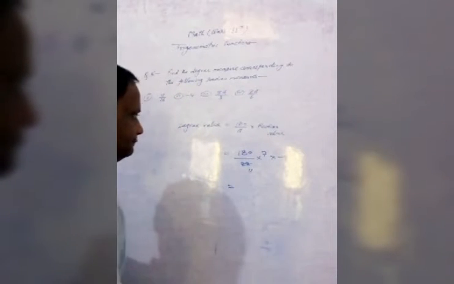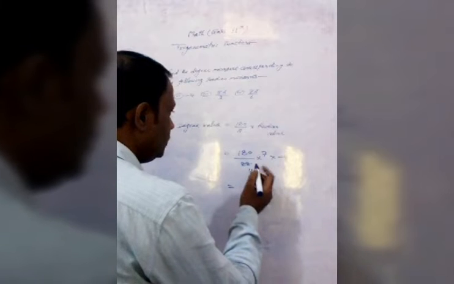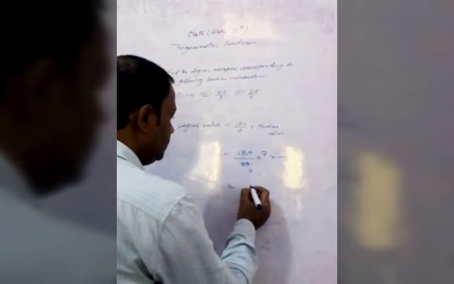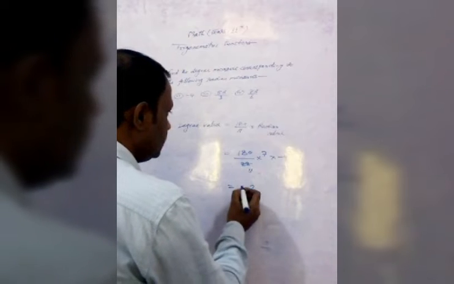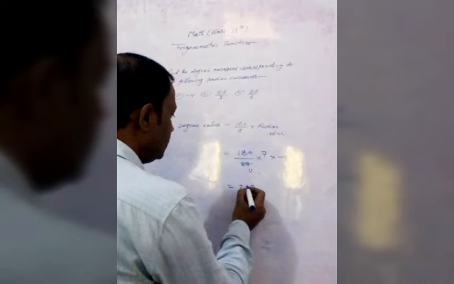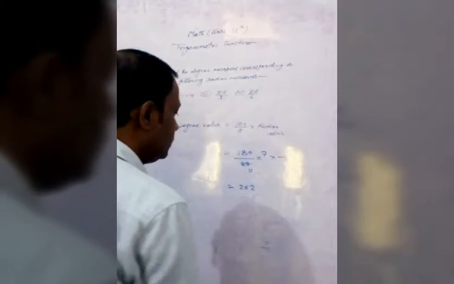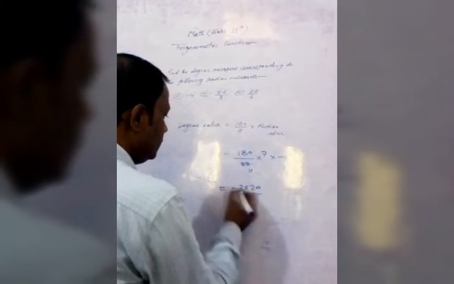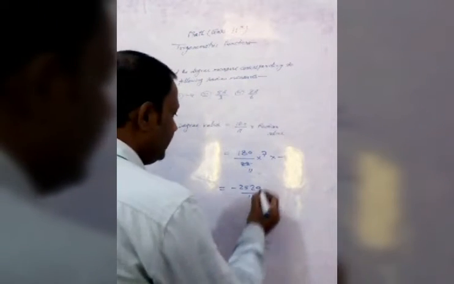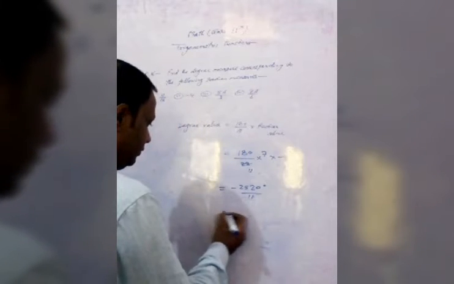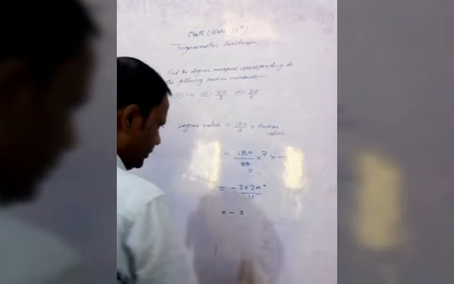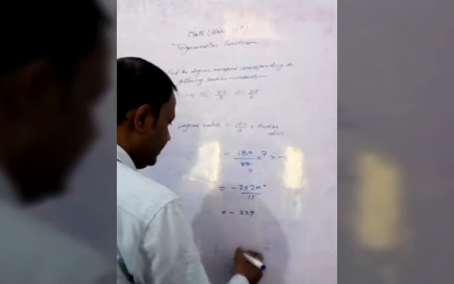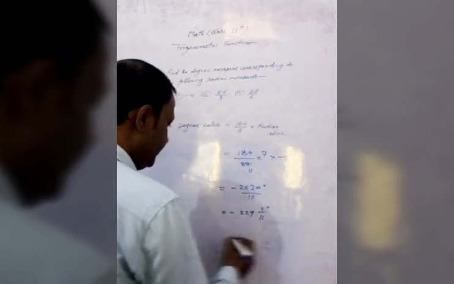We get 2520 by 11 degree. When we divide it, we get 11 2 is 22, 11 2 is 22, 11 9 is 99, whole 1 by 11 degree.